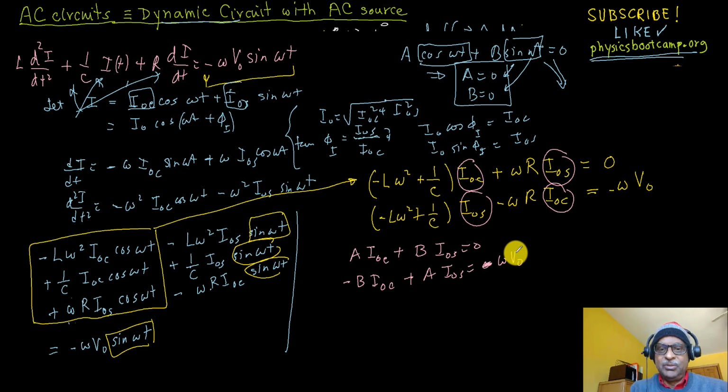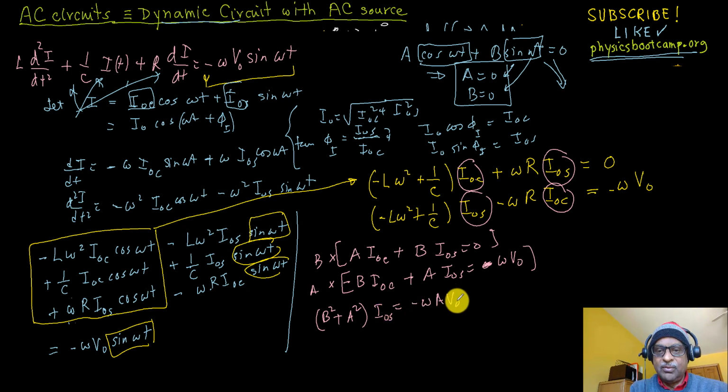So already I see that if I multiply this by B and multiply this by A, I can get rid of I0c. So B squared plus A squared times I0s is minus omega A v0.